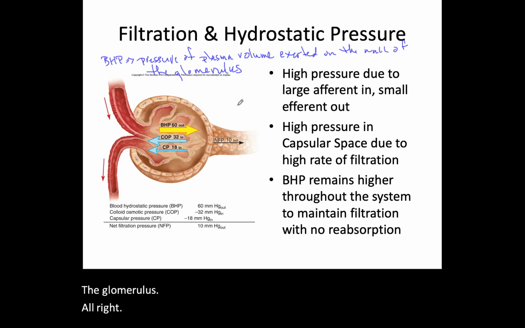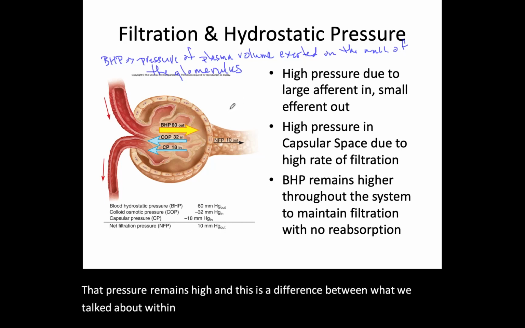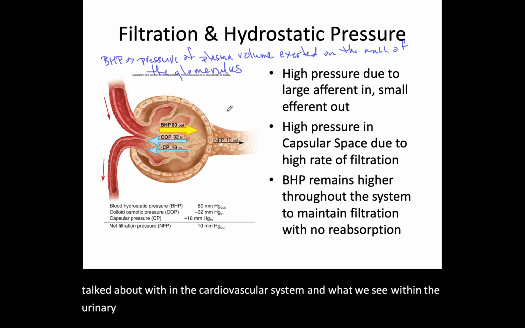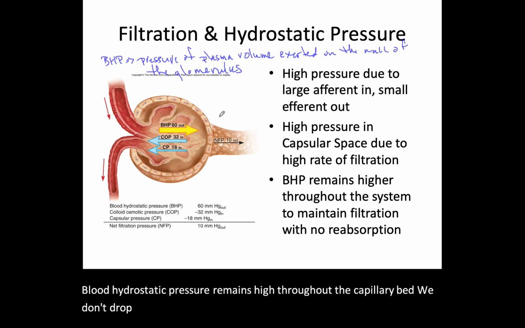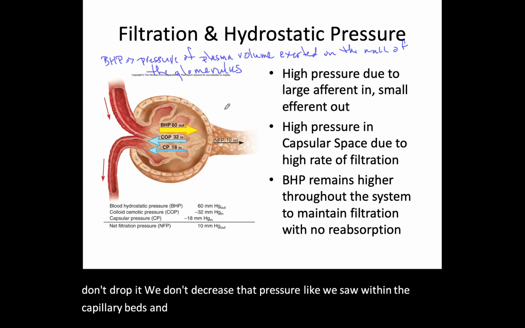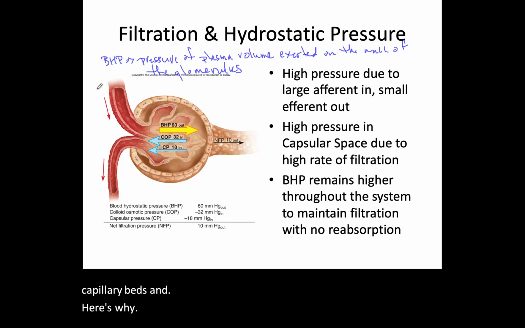That pressure remains high, and this is a difference between what we talked about within the cardiovascular system and what we see within the urinary system, because blood hydrostatic pressure remains high throughout the capillary bed. We don't decrease that pressure like we saw within the capillary beds. And here's why. You have a high rate of flow in through the afferent arteriole. The afferent arteriole has a wider diameter.